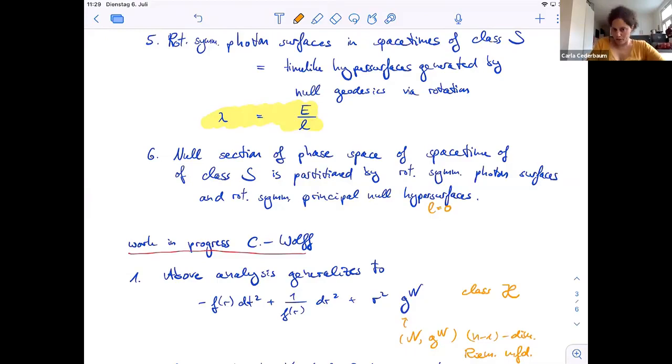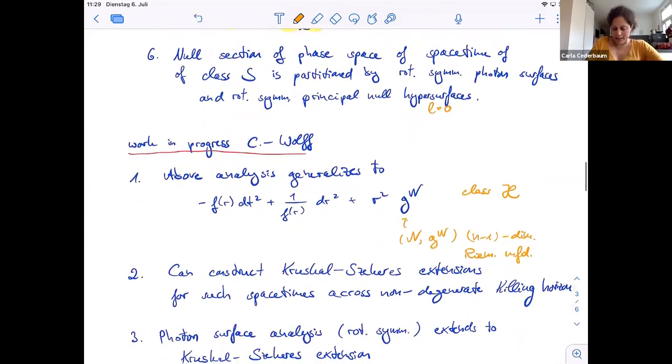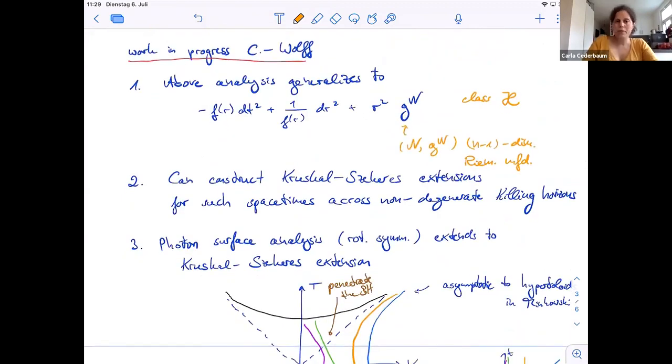Okay, so having these insights at the back of our mind, there's work in progress I'm about to write up with my PhD student Markus Wolf, where we generalized all the above discussion and analysis to the case where, in the last part of my metric, instead of just looking at the sphere with its canonical metric, we can look at an arbitrary n-1 dimensional Riemannian manifold, maybe more of mathematical interest.